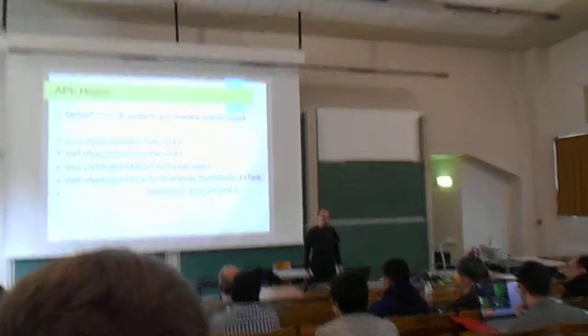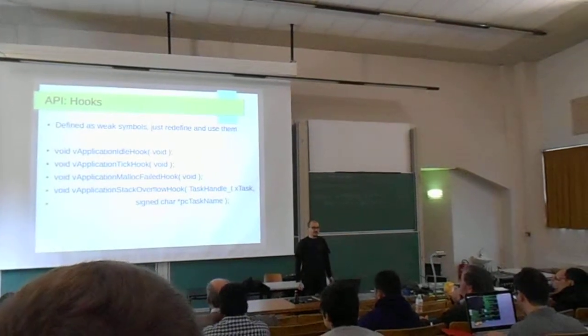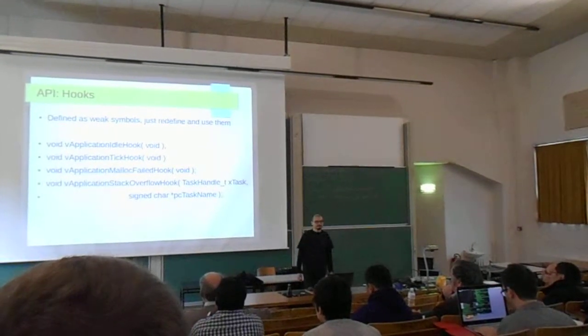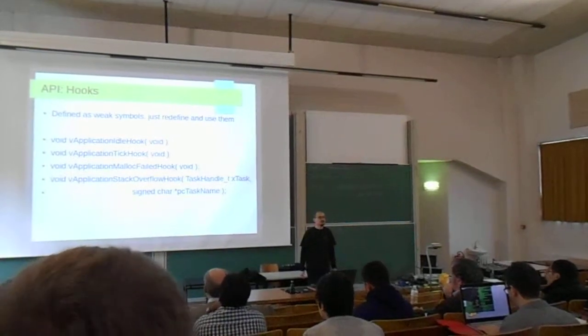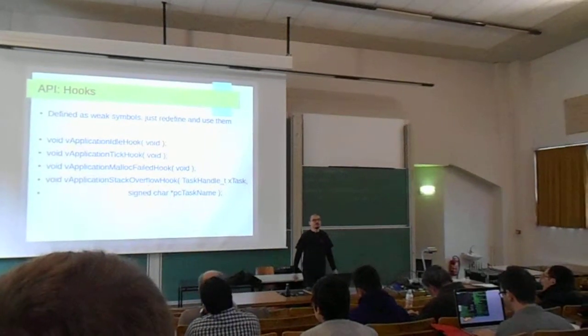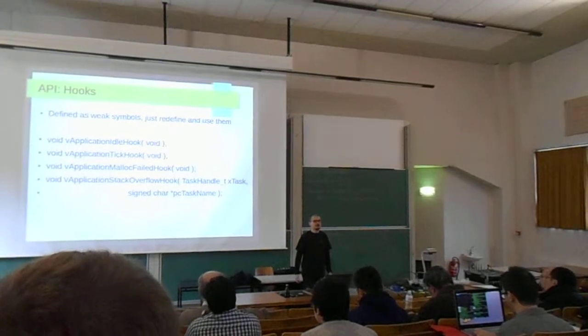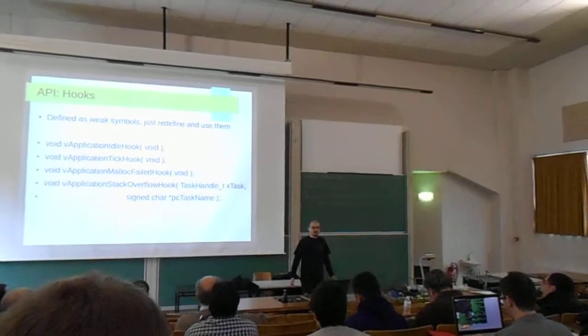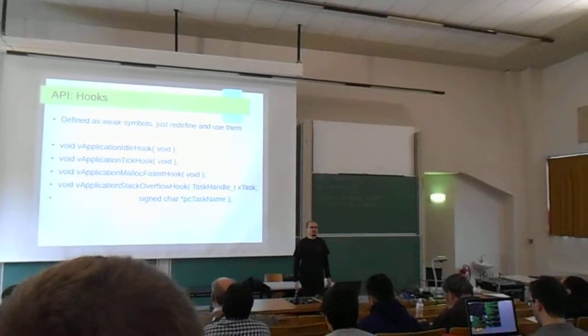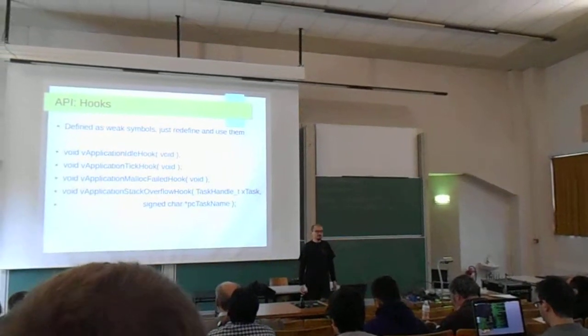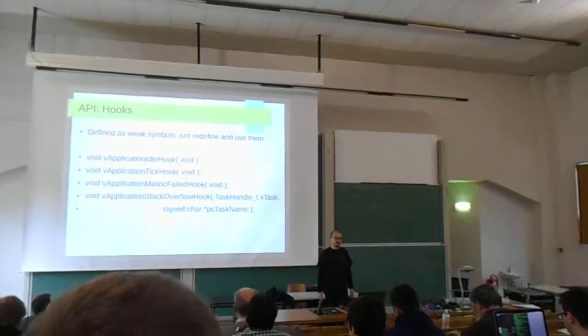So I said we have several hooks. These are some example hooks available. They are normally defined as weak symbols, so if you need to use them, you can redefine them, or you can compile them out. Application idle hook, as I said before, runs whenever the processor is idle. A tick hook is at clock tick.